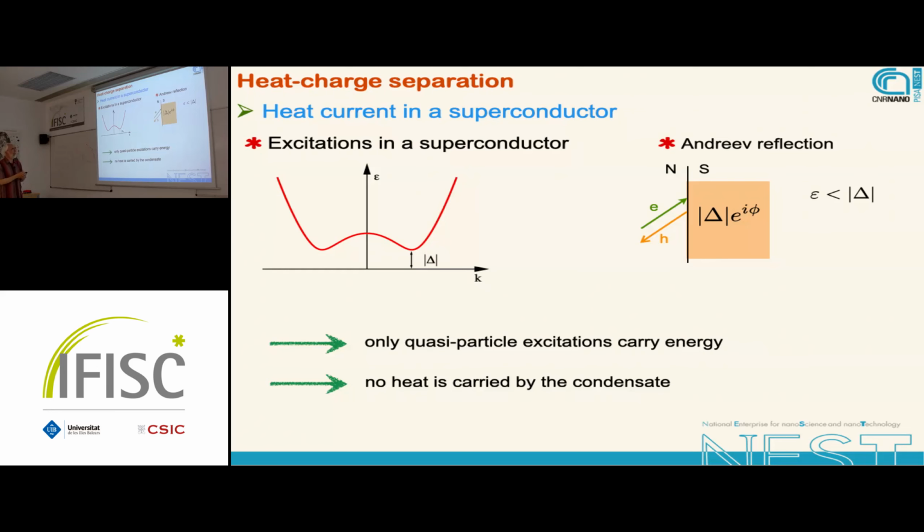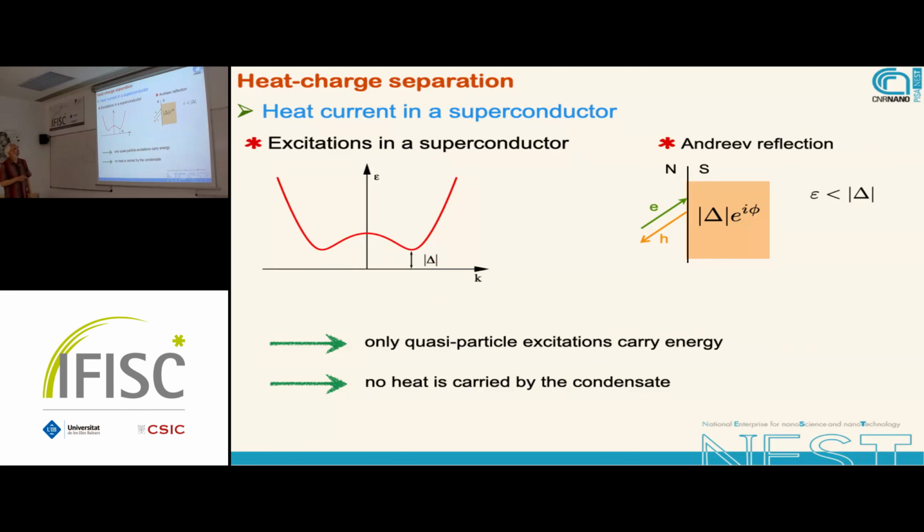So there is no heat current, at least for energies below delta. Above delta, yes, you've got quasi-particles, they can carry energy. But if your energy scales in the system are less than delta, there will be no heat current. Nevertheless, there can be charge current in the superconductor, because for every charge current, what you need to do is to transfer a pair of electrons.